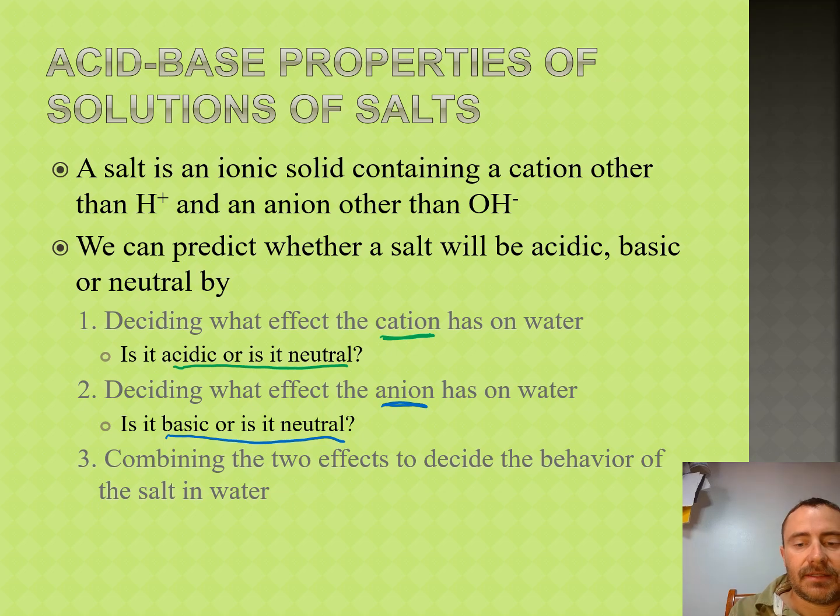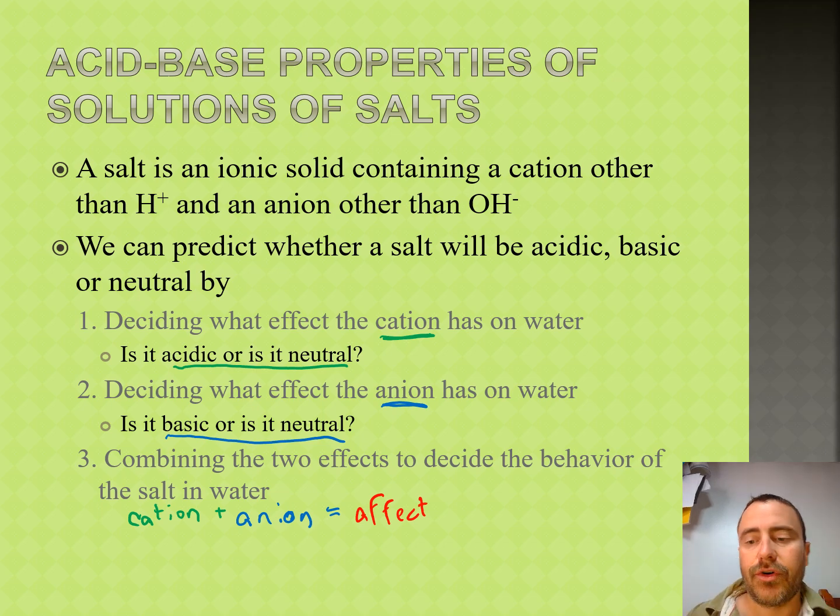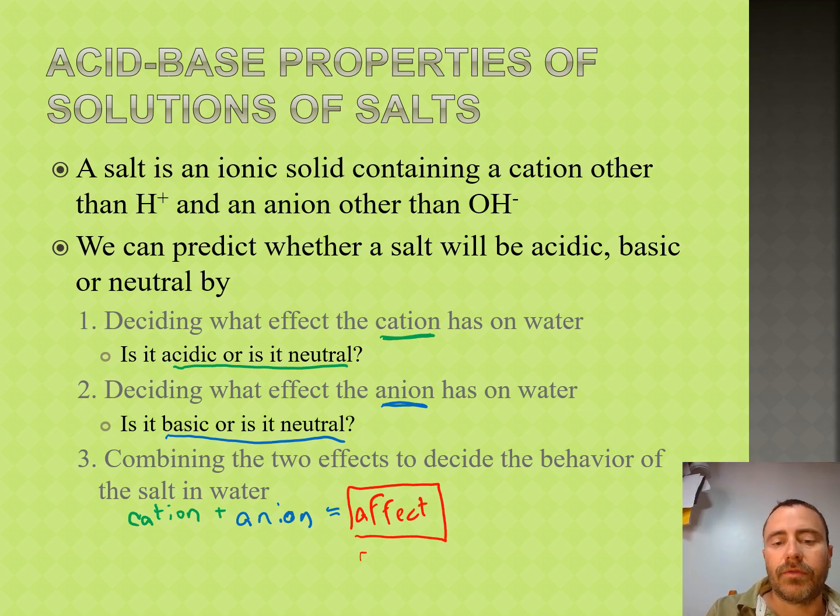So we're going to take the cation and add it to the anion, and we're going to see what is the effect? Is it going to be acidic, basic, or neutral overall? That's what we're going to care about overall.